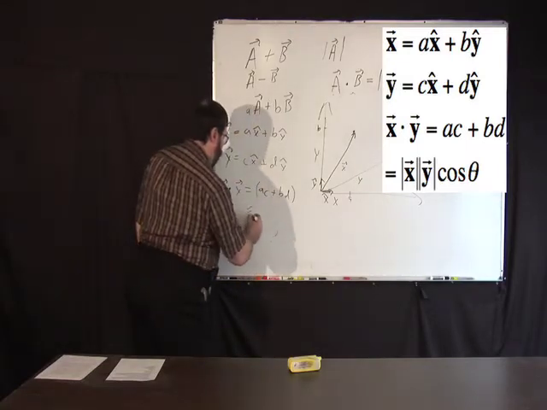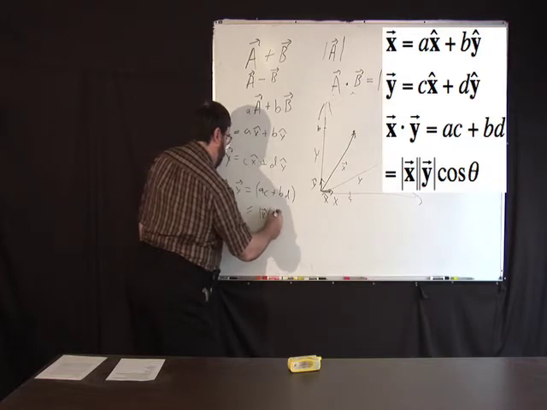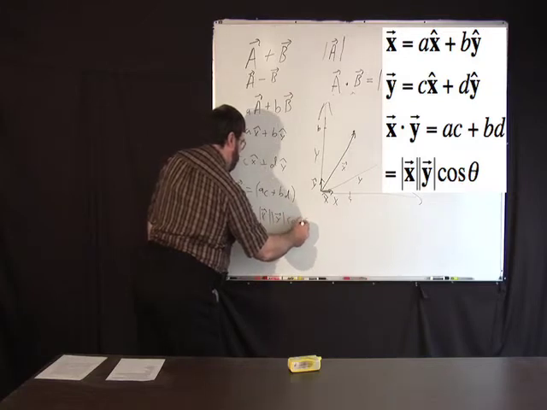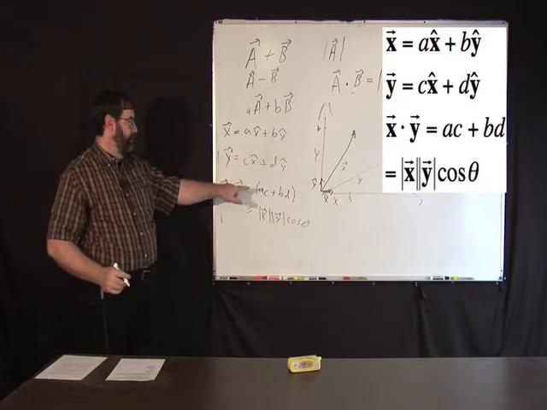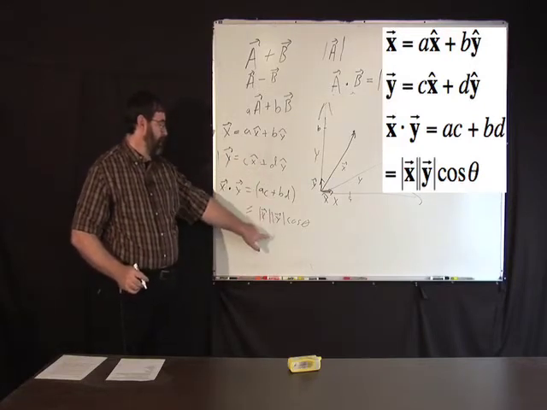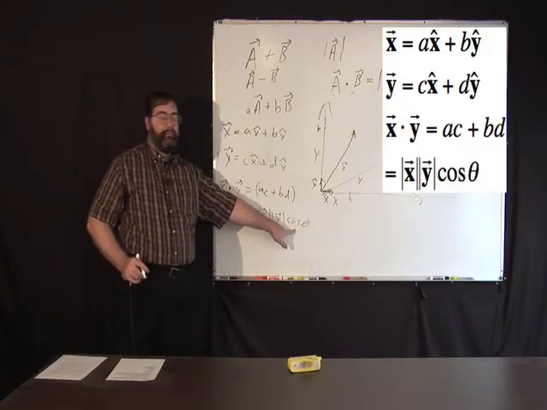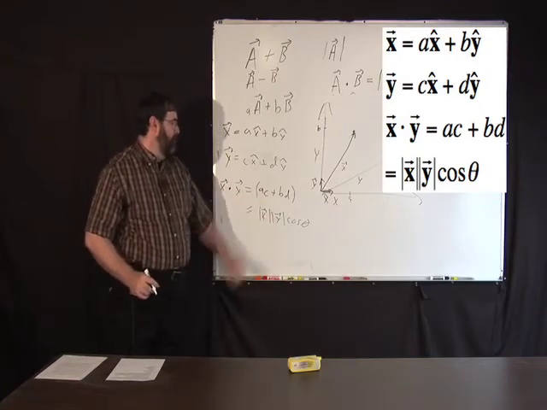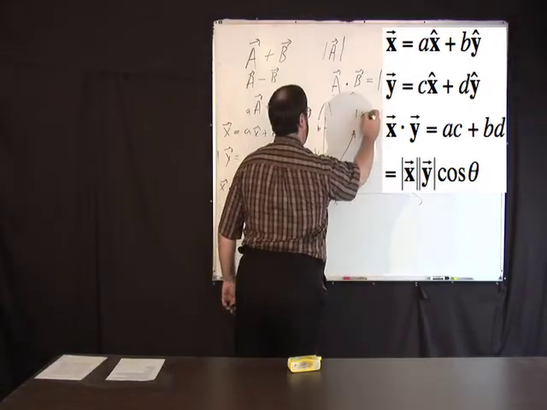And this is equal to the magnitude of x times the magnitude of y times cosine theta. Well, what can you do with that? If you know the coordinates in an orthonormal basis, you can use this and this to determine the angle between the vectors. You simply divide this by this and this. And in this basis, what is the magnitude of x?